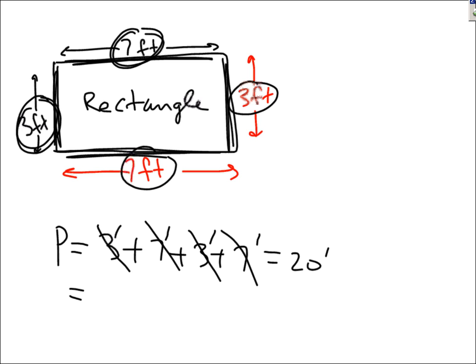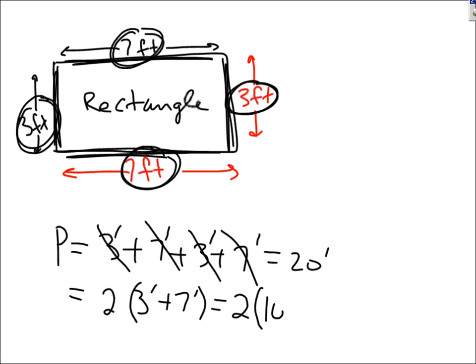What is 3 feet plus 7 feet? Whatever that is, it's going to get doubled. Why? Because the other two sides are going to be exactly the same. 3 feet plus 7 feet is 10 feet. 2 times 10 feet is 20 feet. Same answer, regardless of how I do it.